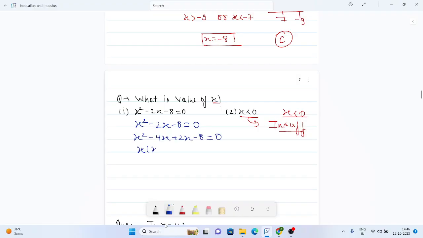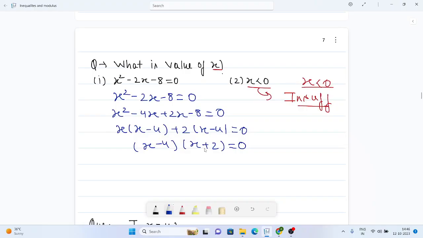So here I got the factors x minus 4 and x plus 2 equal to 0, right? So here I got the two values of x: x equal to 4 and x equal to minus 2. So here also I didn't get the unique value of x, so this alone is insufficient.